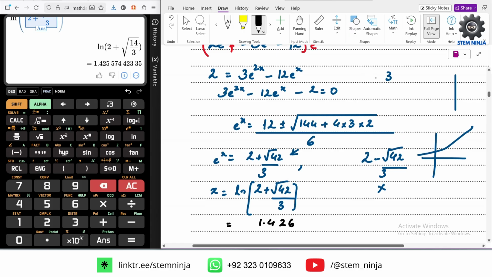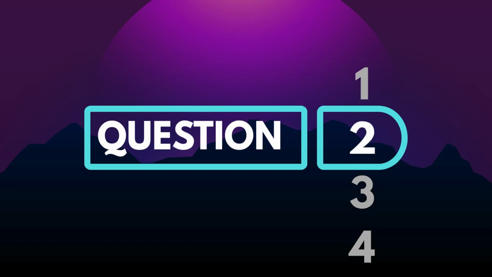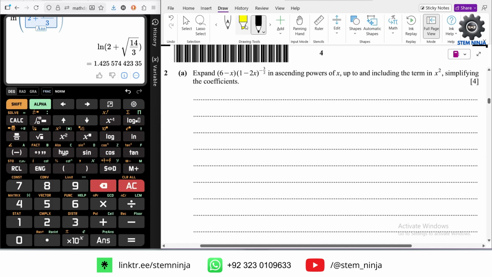Let's move on to the next one. Question number 2. Expand (6 - x)(1 - 2x)^(-3/2) in ascending powers of x, up to and including the term x squared, simplifying the coefficients.